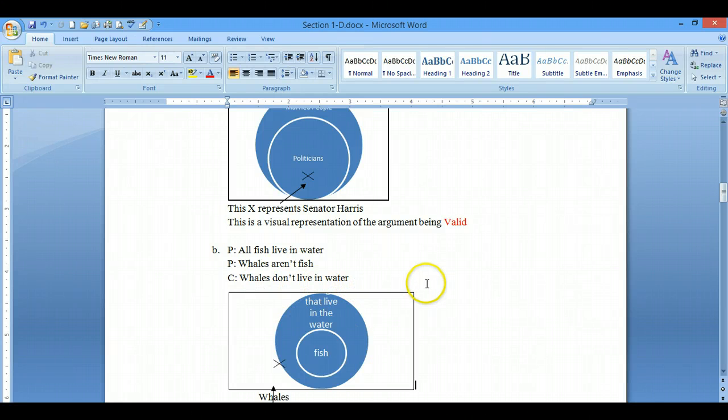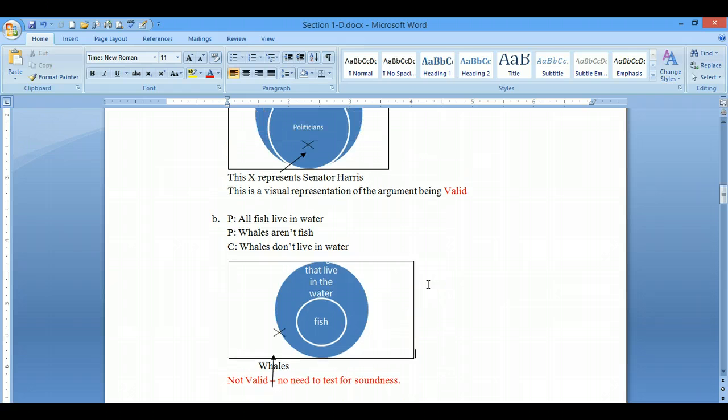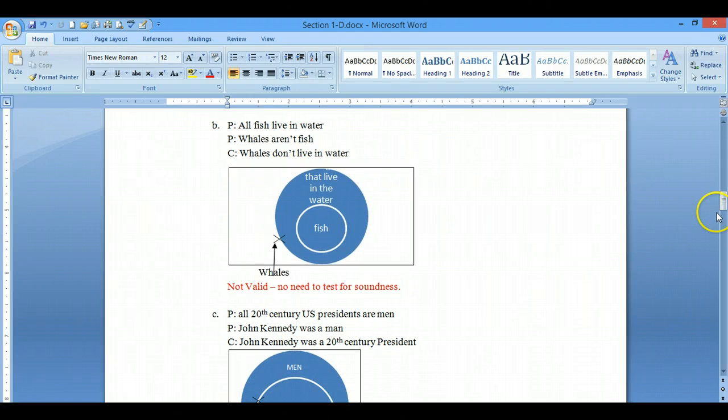It did not lead me to the conclusion. The whales may or may not live in the water. This is not valid. It didn't lead me to the conclusion. So I don't even need to test for soundness. But remember, soundness is testing whether the premises are true. Let's move on to the next one.